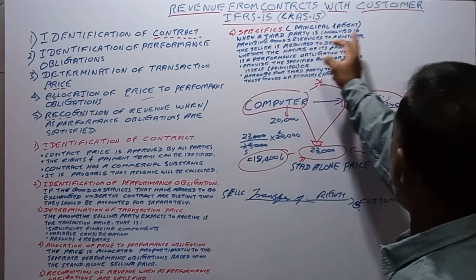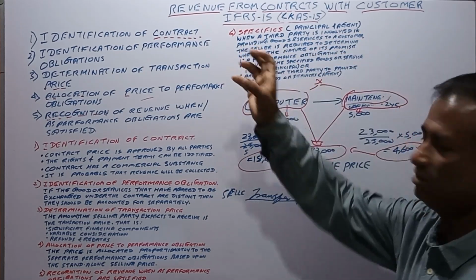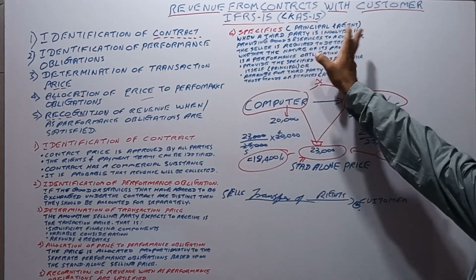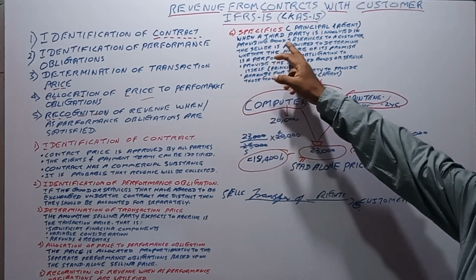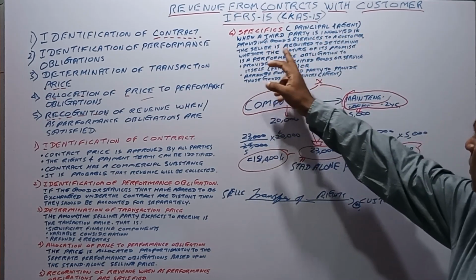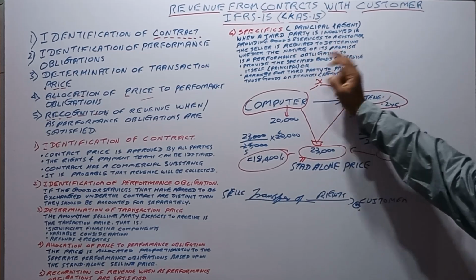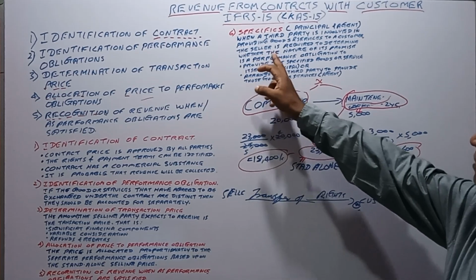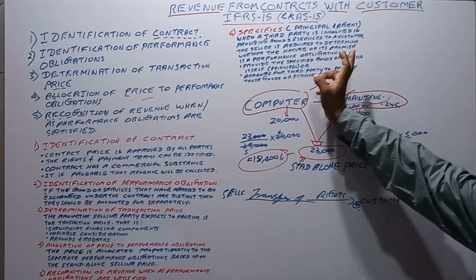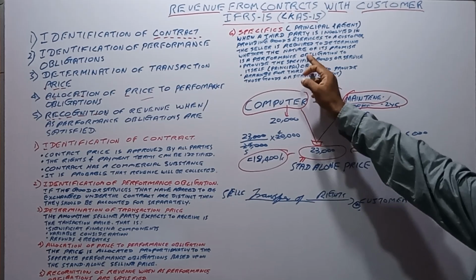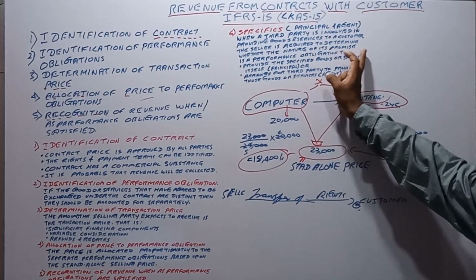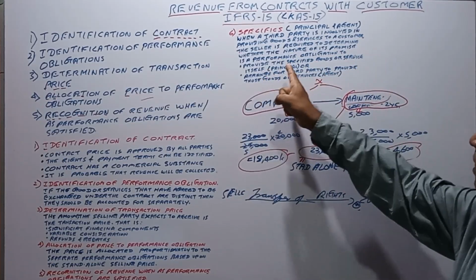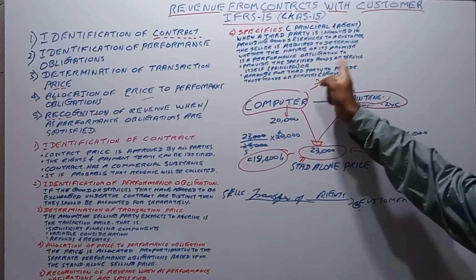Here, specifics: principal and agent, the supply of goods through agents, right? When a third party is involved in providing goods or services to a customer, the seller is required to determine whether the nature of its promise is a performance obligation to provide the specified goods or services itself.